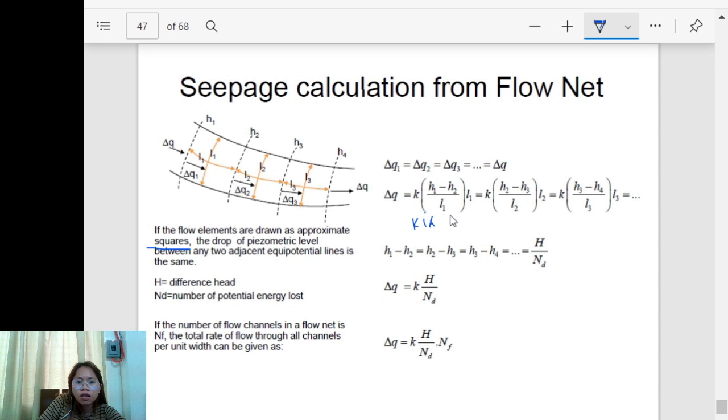So times the area, but times 1 unit width, no? So actually it doesn't matter. So times 1 unit width of L1.